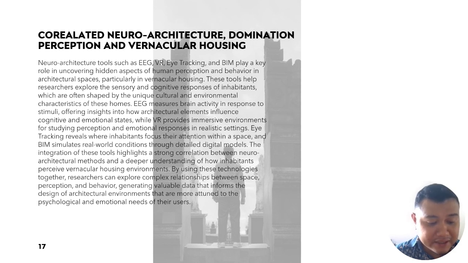Multisensory stimuli such as natural light, temperature, texture, and sound play a crucial role in shaping comfort and perception in vernacular housing. Using EEG, VR, and eye tracking, we can explore how the stimuli dominate sensory experience. This allows us to better understand how architectural elements in vernacular homes contribute to inhabitants' well-being.